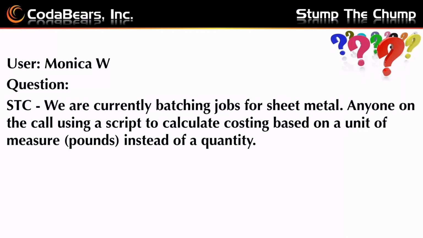Because when you batch a job, say there are 5 jobs and you're making 100 parts, it's dividing the costing by 100, and not accounting for one part weighing 1 pound and the rest of the parts weighing 20 pounds.